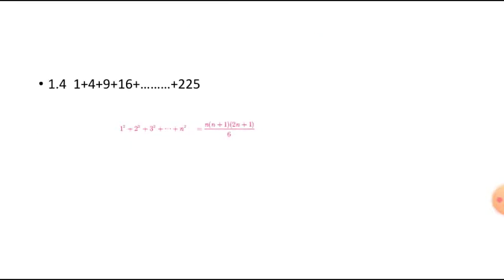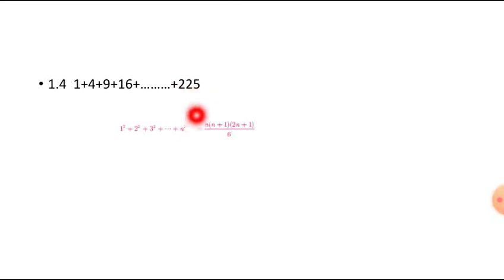Next is an example for the squares. In this sum, 1 plus 4 plus 9 plus 16 plus up to 225 is given. This series we can derive as the squares of the natural numbers, like 1 square, 2 square, 3 square, 4 square, plus up to 15 square.